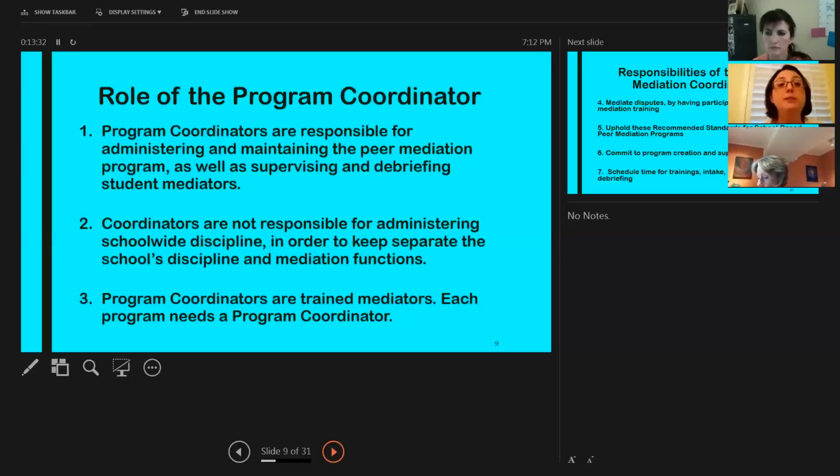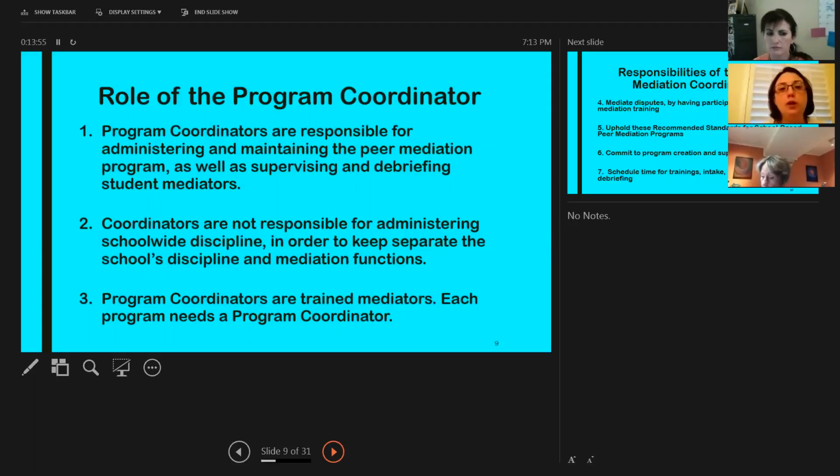Number two is important. So the coordinator is not the person who's responsible for administering the school-wide discipline. They're not supposed to be the heavy, right? It's not supposed to be, you do this or you go to mediation, a kind of coercion, because mediation is voluntary.